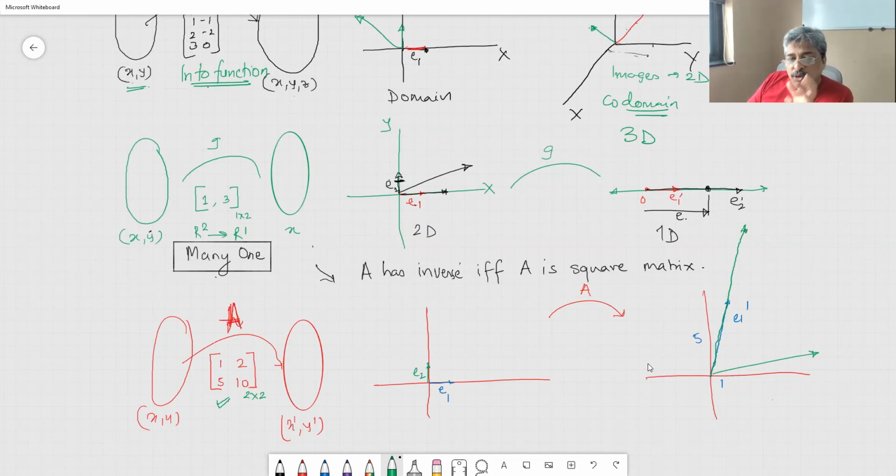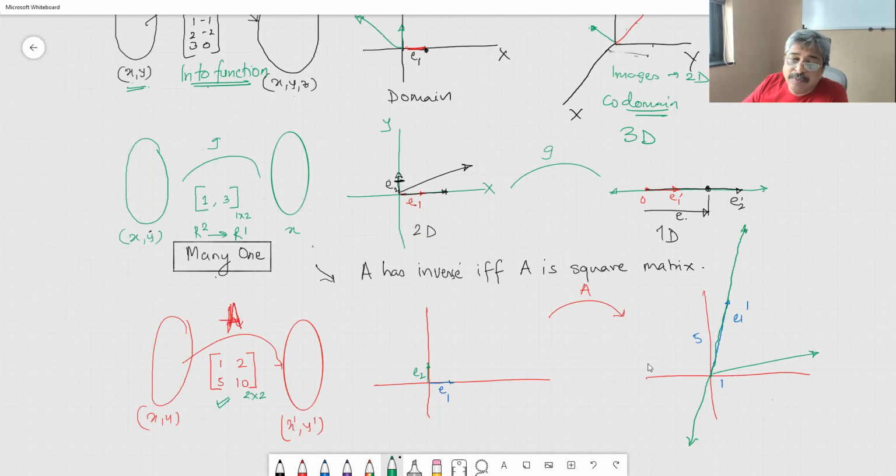So even if your domain has dimension 2, even if your codomain has dimension 2, the images will be collinear. So you are not using the complete dimension of the codomain, and your definition of A is such that it is spoiling the total dimension of the codomain. Only one dimension is used, the remaining dimensions are not used.